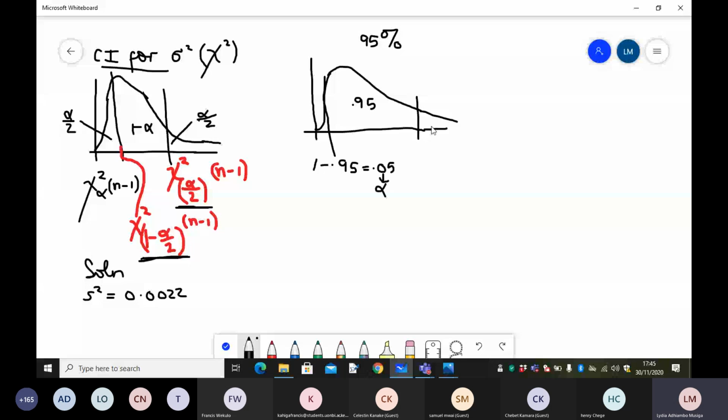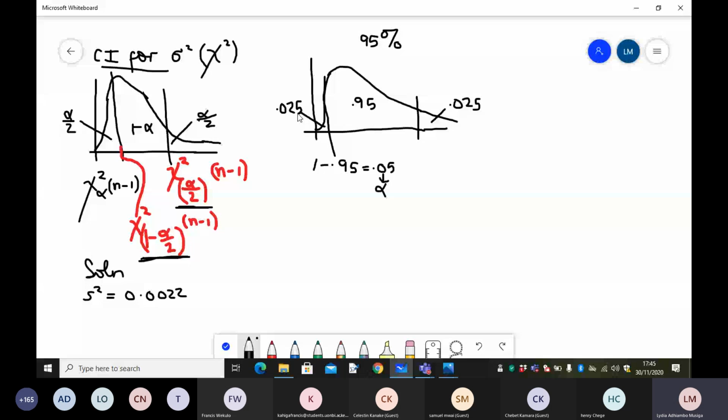Alpha over 2 is 0.025, because we divide 0.05 by 2. So the extreme small areas will be 0.025.